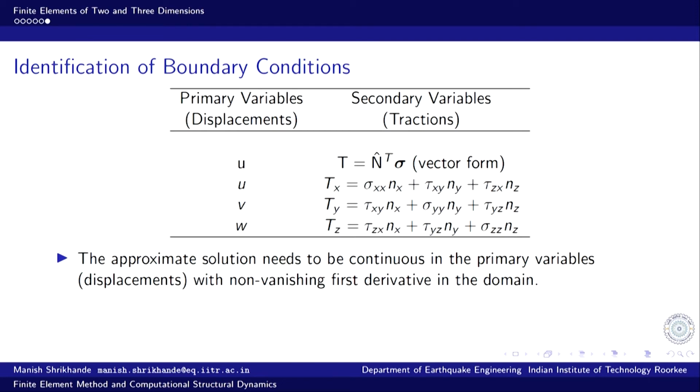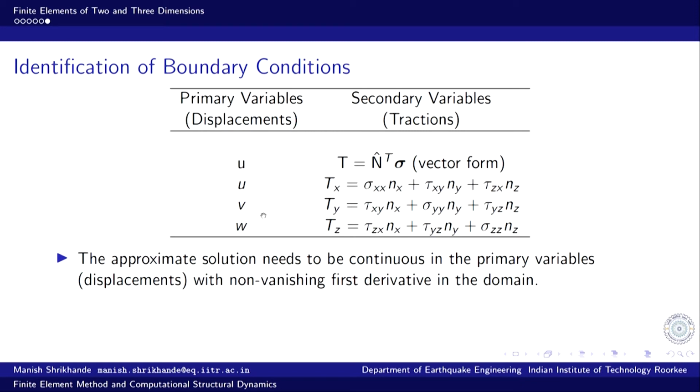If I look at it component wise, u, the displacement along x direction, has as corresponding secondary variable the traction or the forces along x direction. So, that would be sigma x x n x plus tau x y multiplied by n y and tau z x multiplied by n z. So, these are the surface tractions along x direction, and similarly for y and z.